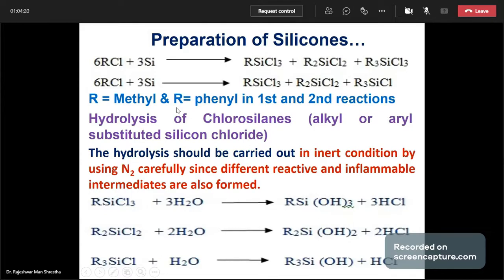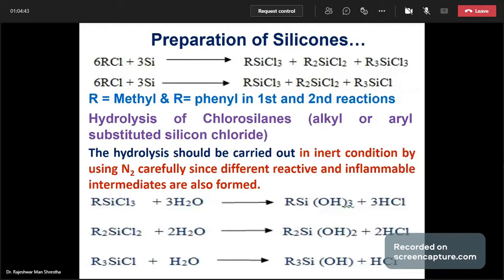And after preparing chlorosilanes, they are hydrolyzed to obtain silanol. The hydrolysis should be carried out in inert conditions by using nitrogen gas or argon gas, because during this reaction different types of reactive compounds are formed.